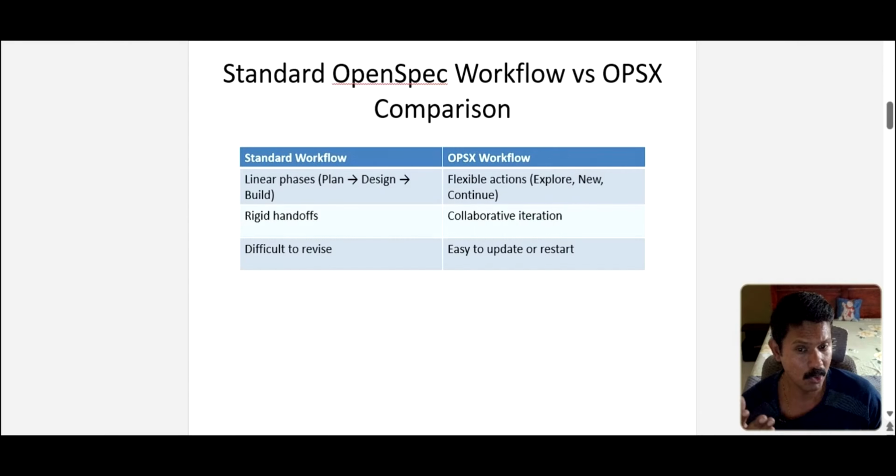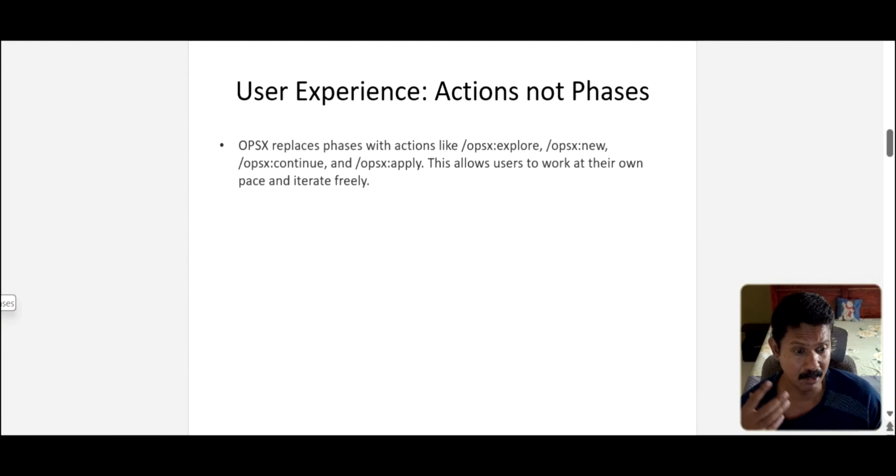The old OpenSpec workflow used to be in linear phases where you had a plan, design, build. It was rigid and it was difficult to revise. The new OPSX workflow is more flexible and more collaborative, in the sense that you as a developer or user would have more opportunities to step in and guide the flow there. So quite useful. And the user experience is all about actions, not phases.